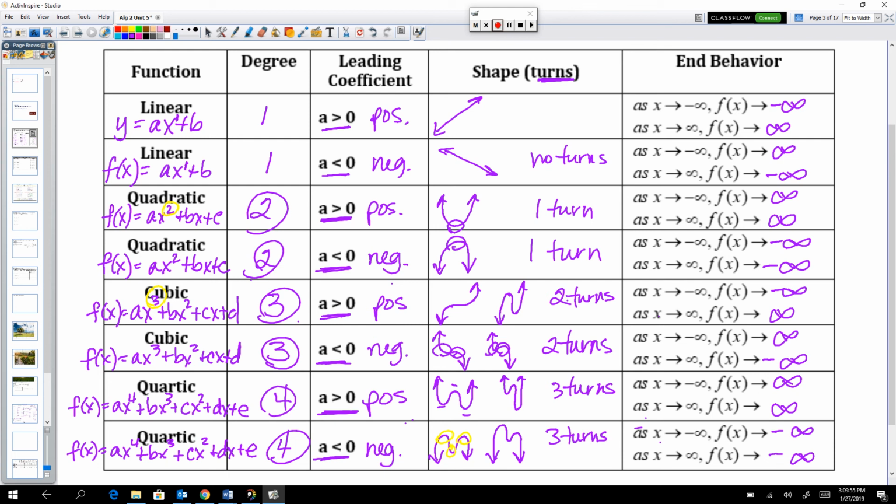It's forever increasing or forever decreasing, so there's no switching direction. No turns, or 0 turns, produces a degree of 1.